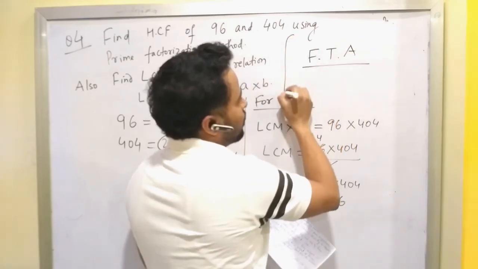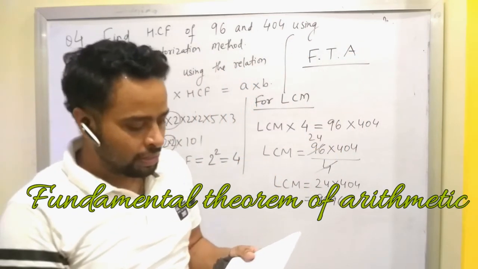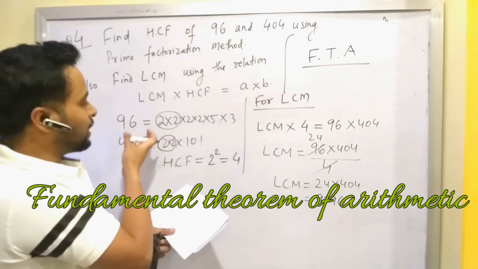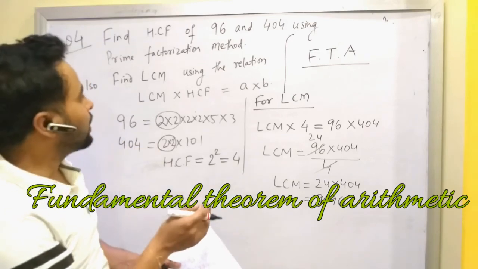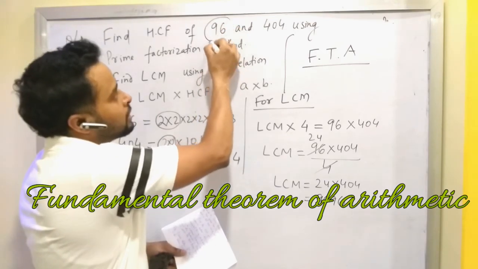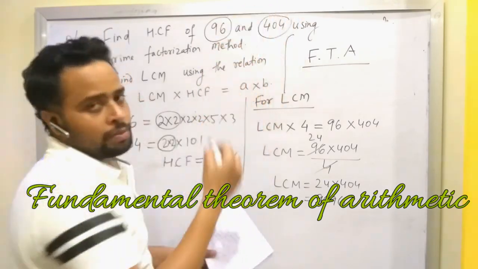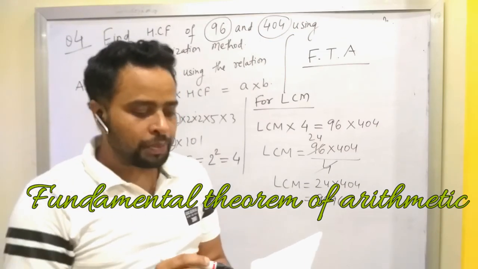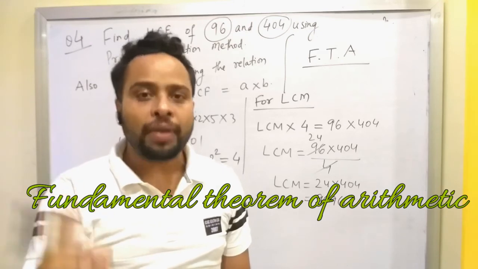FTA is not that FTA, it is the fundamental theorem of arithmetic, which deals with the prime factorization method only. Every composite number can be expressed as the product of its primes.